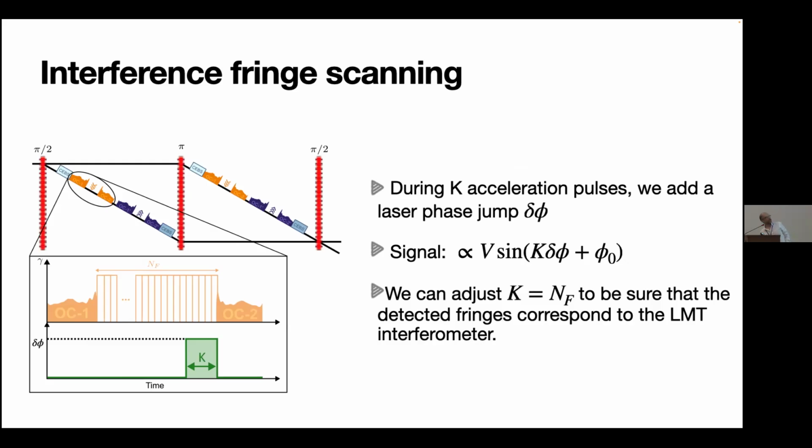Depending on how many pulses see this phase jump, that will change the period of the fringes. In particular, if you apply this phase jump onto all the accelerating pulses, you will have a phase which scales with N_F times this phase jump.